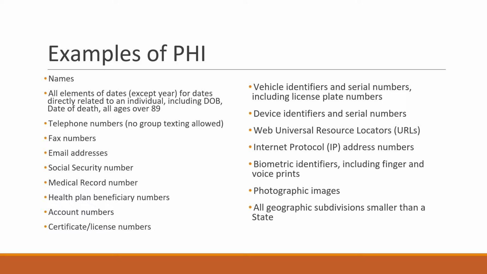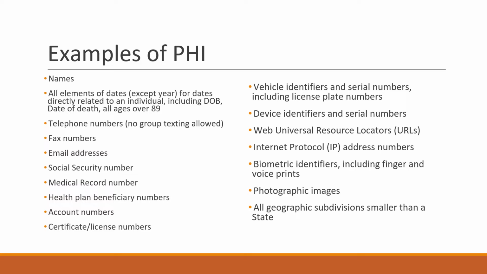And this is where many individuals tend to have a couple of problematic areas. One of the most common mistakes is the medical record number. Many individuals feel that because that medical record number is assigned internally to that patient through a database, it is not considered PHI, whereas that medical record number identifies that patient.